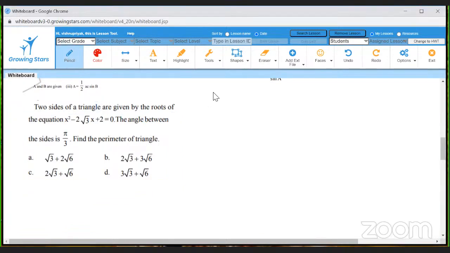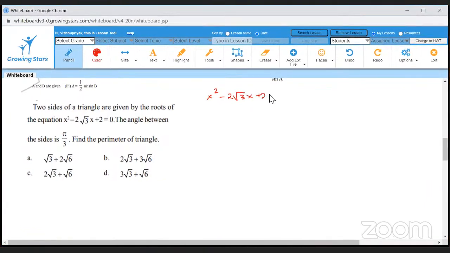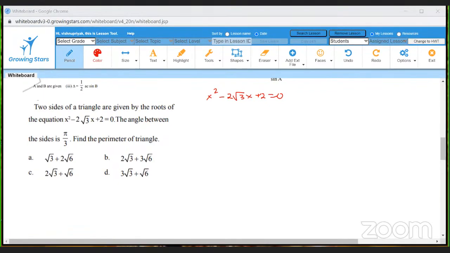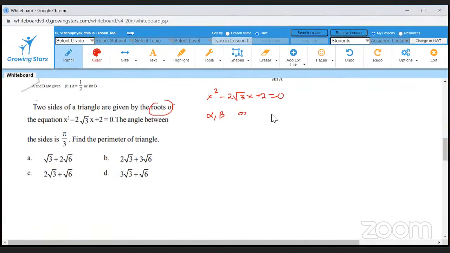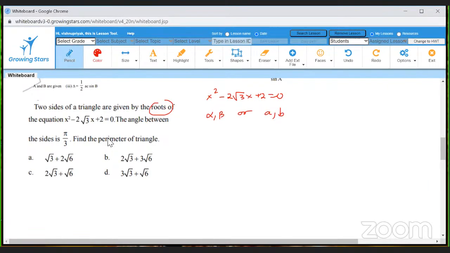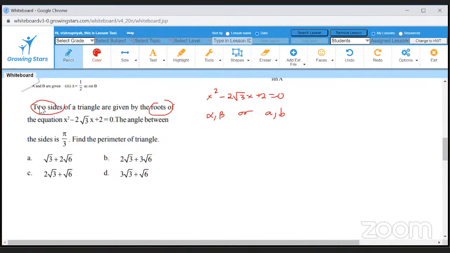I'll start with the equation x square minus 2 root 3 x plus 2 equal to 0. This is a quadratic equation, so this equation will have two roots, say alpha, beta, or you can take A, B, easy. They are the sides of the triangle.